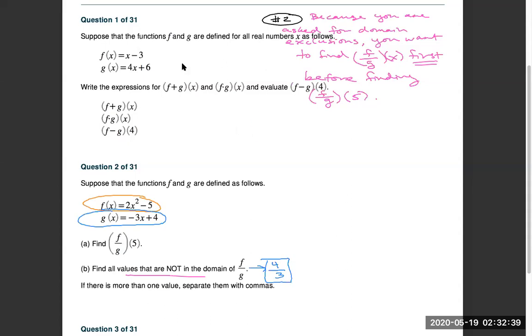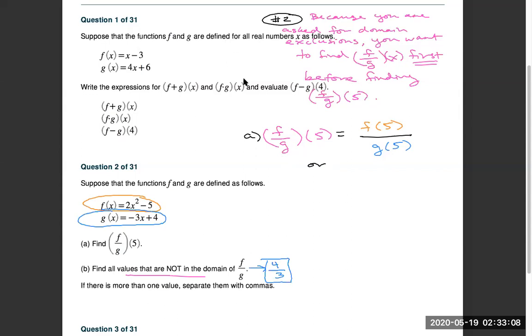Okay, so now part A, we want to find f divided by g evaluated at 5. Remember, you have multiple methods for this. This will be f evaluated at 5 divided by g evaluated at 5.